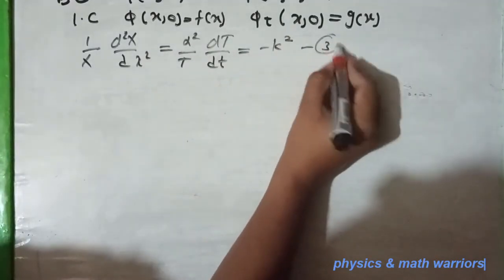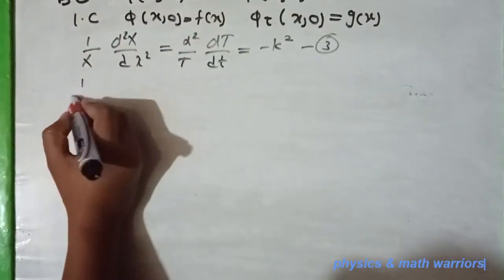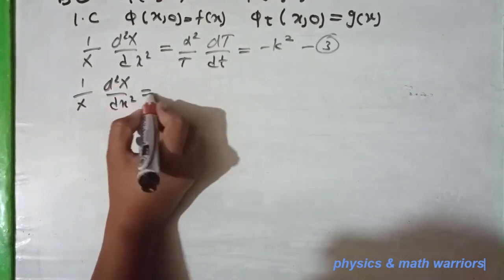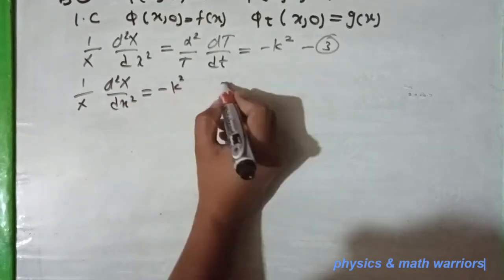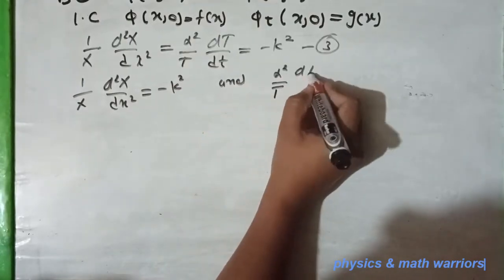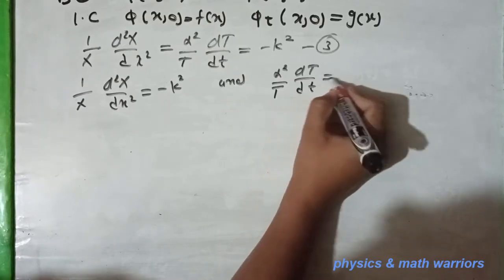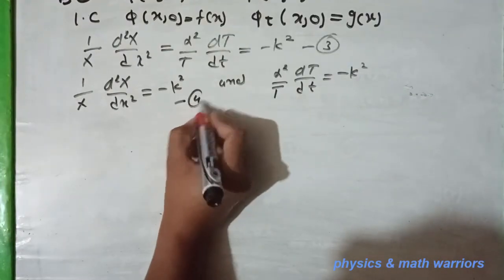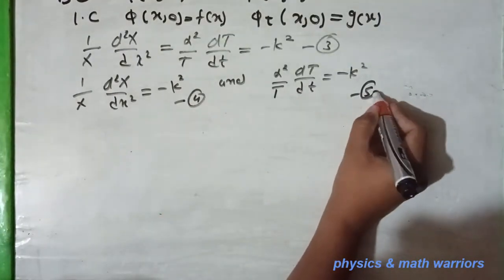This is equation number 3. Equation 3 implies (1/X) d²X/dx² = −k², and (α²/T) dT/dt = −k². This is equation number 4 and this is equation number 5.